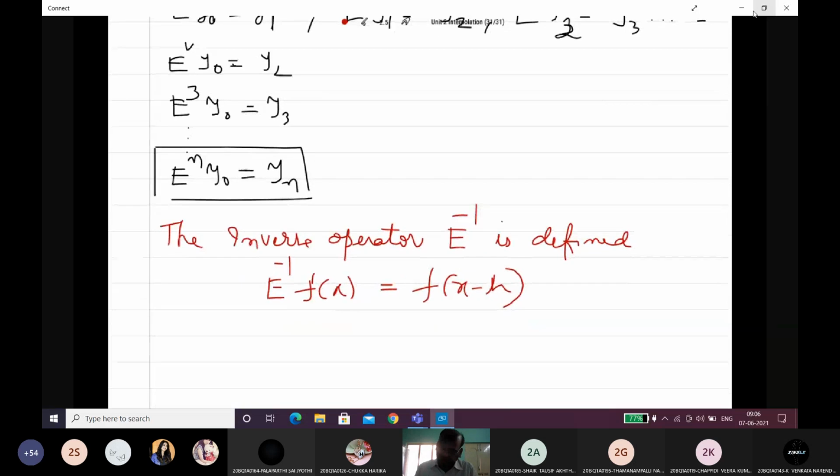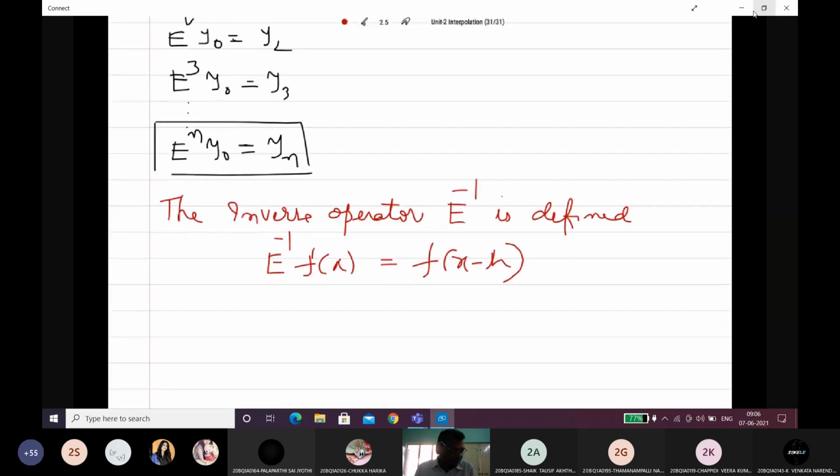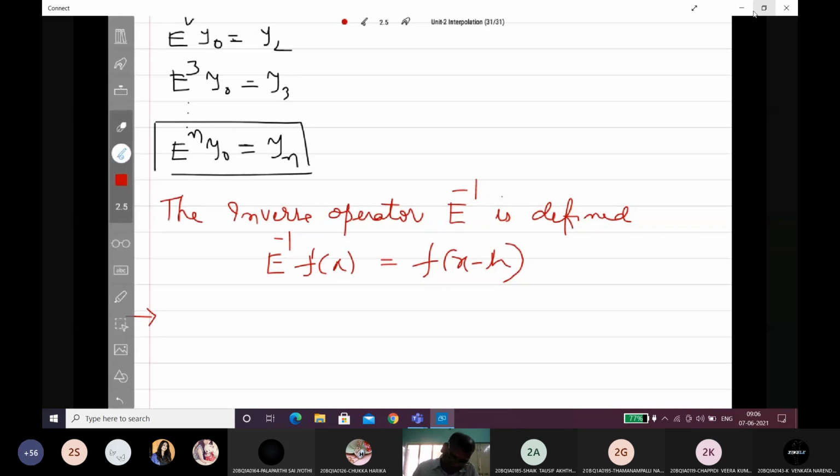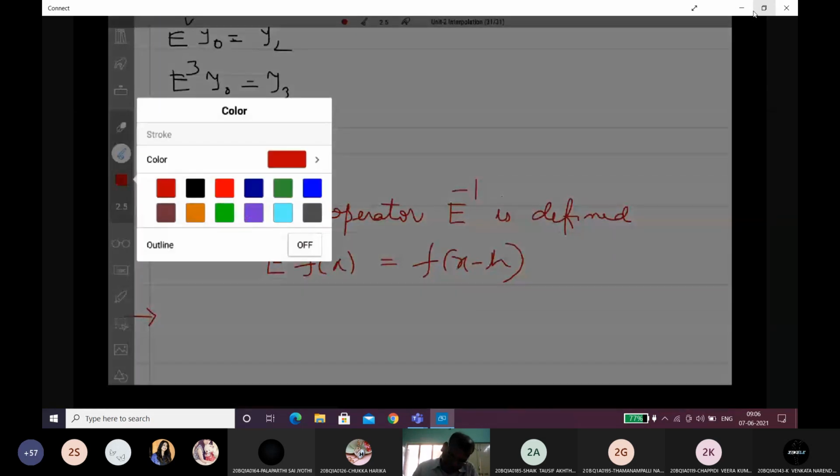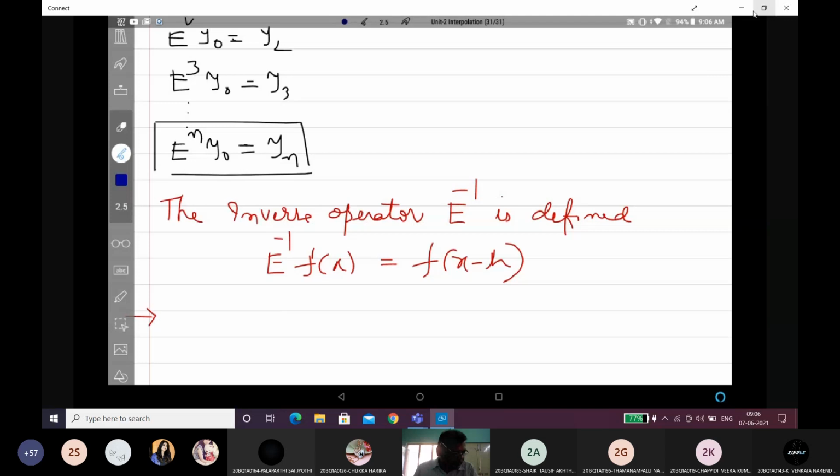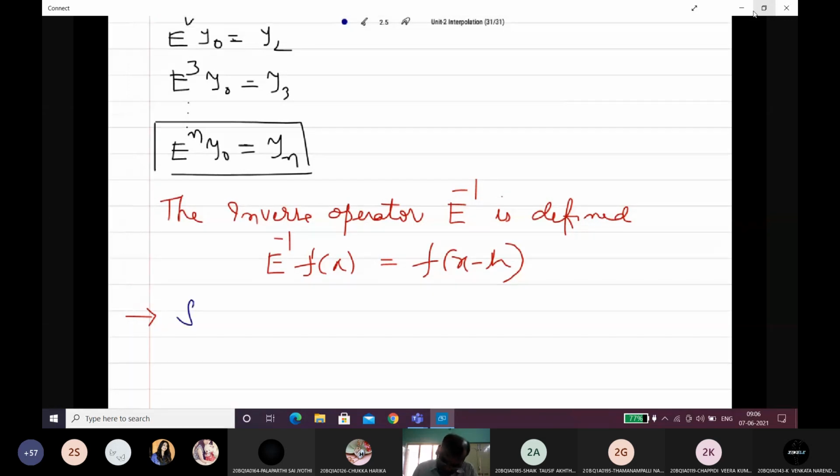Suppose we write in terms of n, in yn. Suppose y suffix x, that is y of x, is a function of x.